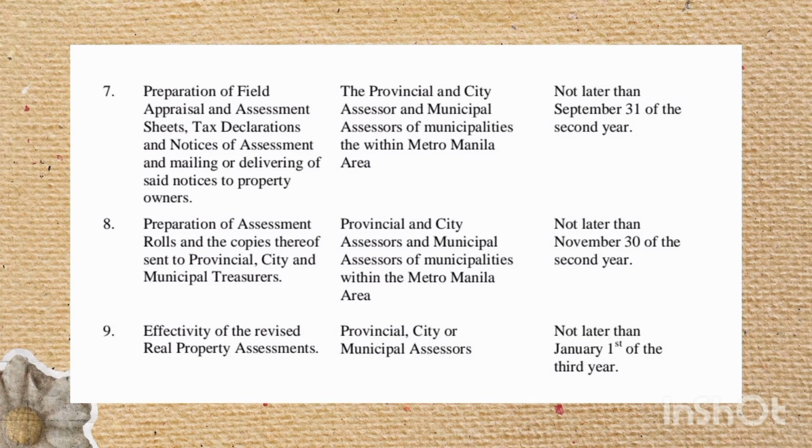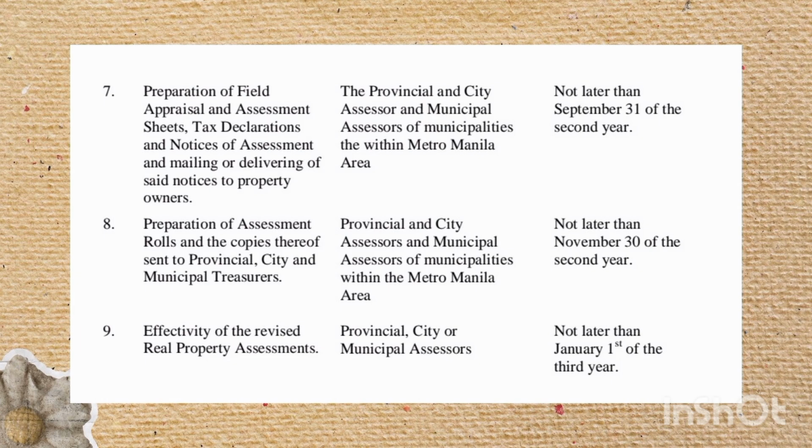So the next activity is the preparation of field appraisal and assessment sheets, tax declarations and notices of assessment, and mailing or delivering of said notices to property owners. So the responsible here are the provincial and the city assessor and municipal assessors of municipalities within the Metro Manila area. So the period is not later than September 31 of the second year.